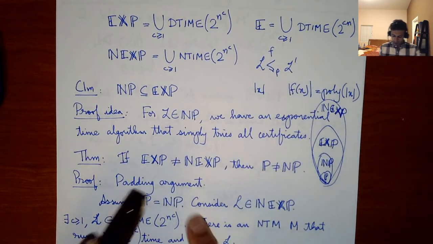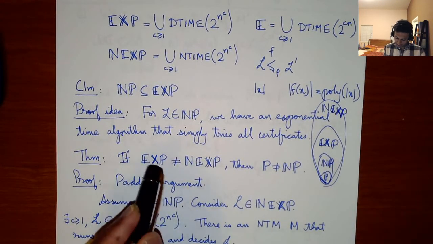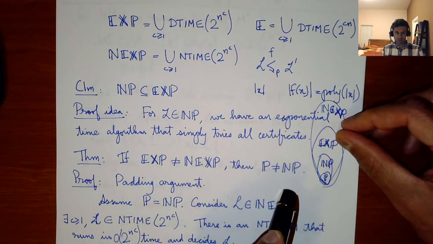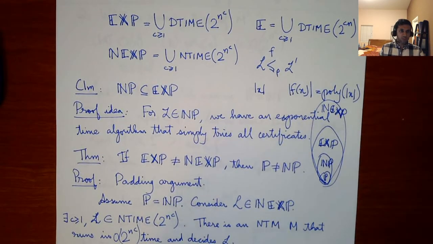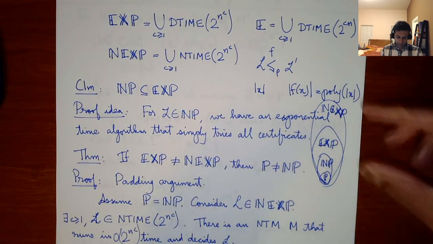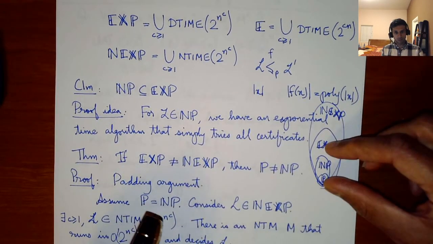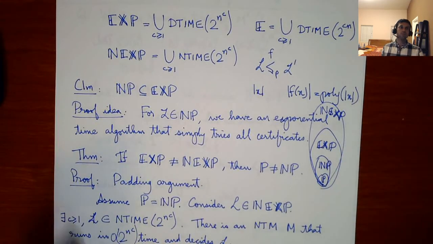The converse would say if EXP is equal to NEXP, then P is equal to NP, so that if these two things are the same, then these two things have to be the same. What seems to hold with these padding arguments is that just because these are the same doesn't say anything about the structure within here. But if P is equal to NP, then that says something about things outside.